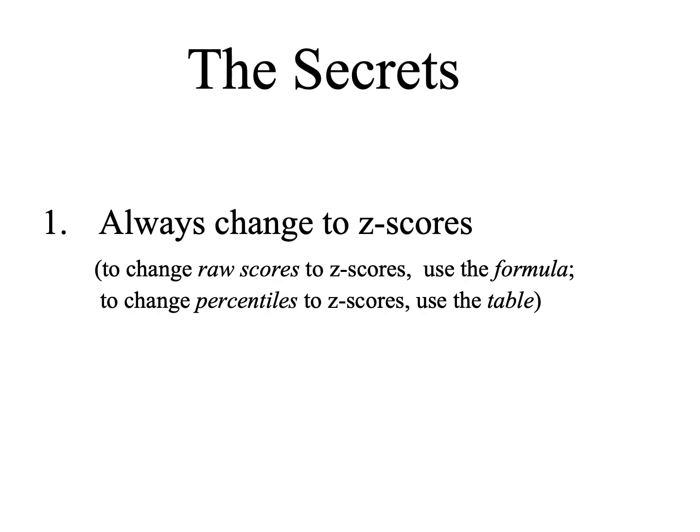So if you want to go from raw scores to percentiles or from percentiles to raw scores, the first and the most important secret is to always change to the G-scores. If you have a raw score, you can change it to a G-score using the formula you've learned. If you have a percentile, you can change it to a G-score using the table.